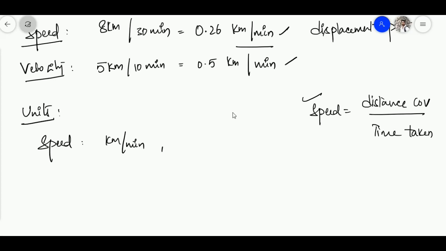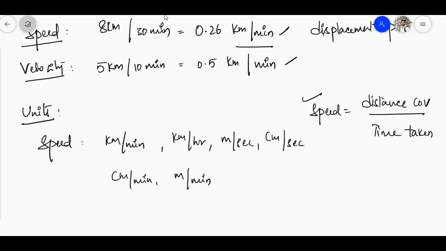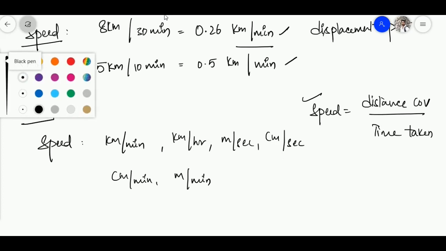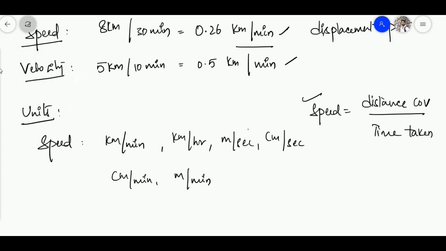So you can take any units for the distance and any units for the time: kilometer per minute, kilometer per hour, meter per second, centimeter per second, centimeter per minute, meter per minute, whatever. But the SI unit which we consider the most is meter per second.